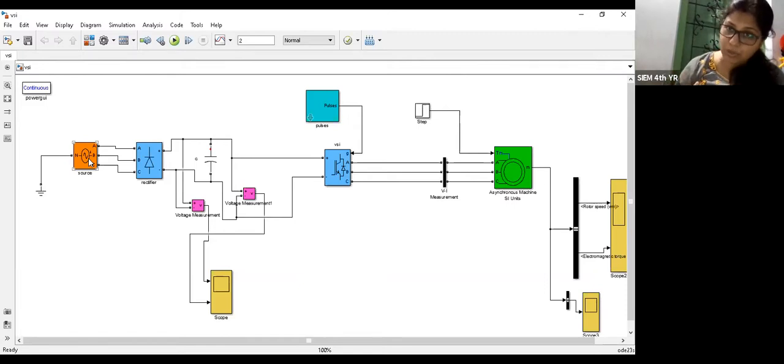The output of that low pass filter should be fed through a VSI, a voltage source inverter, and the output of that voltage source inverter should be fed to the asynchronous machine, or three-phase induction motor.